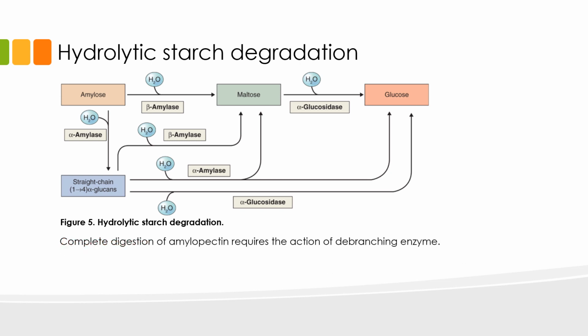Amylopectin can also be degraded by the hydrolytic enzymes. The only difference is that in addition to the hydrolytic enzymes, breakdown of amylopectin also requires the presence of the debranching enzyme, which will cut the branches of glucose chains in amylopectin.